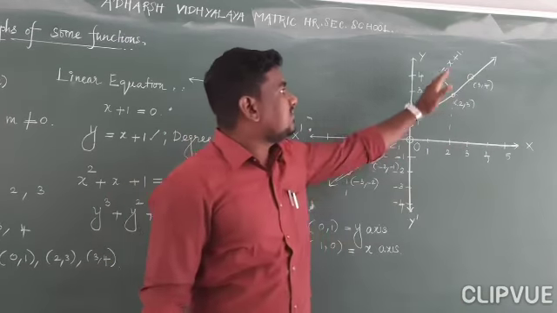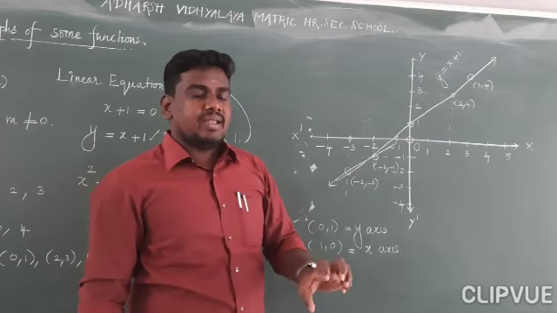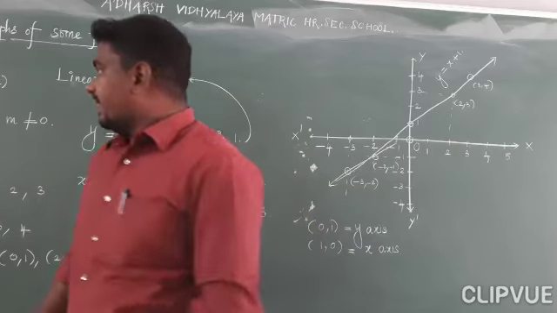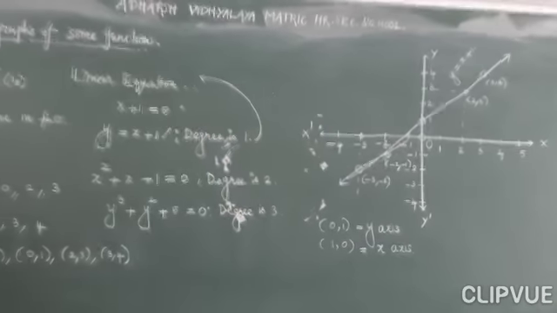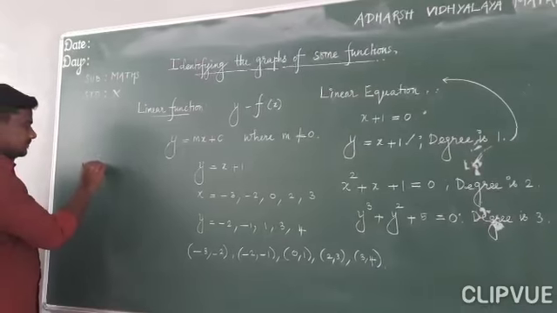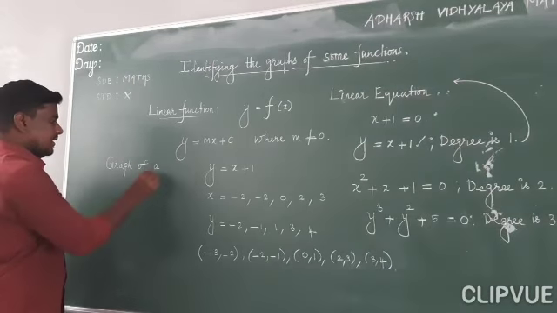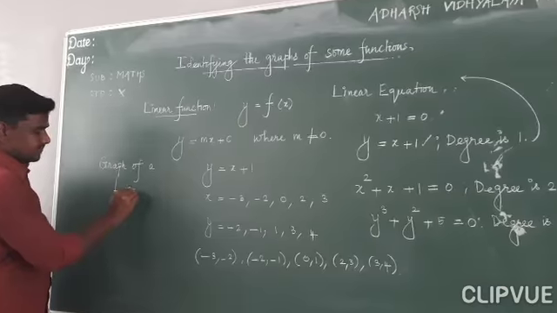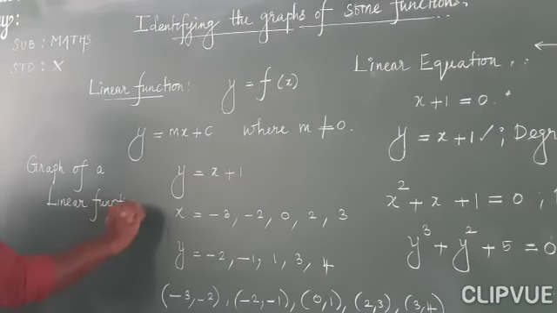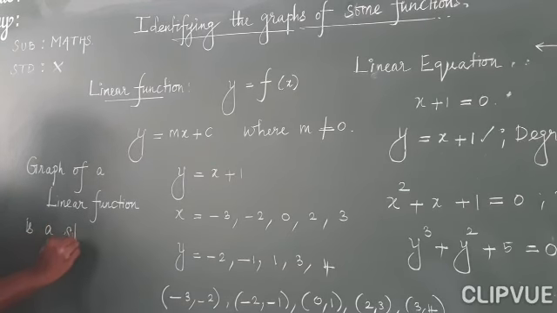Not only y is equal to x plus 1, whatever it is, if we take a linear function it always shows a straight line. So the graph of a linear function is a straight line.